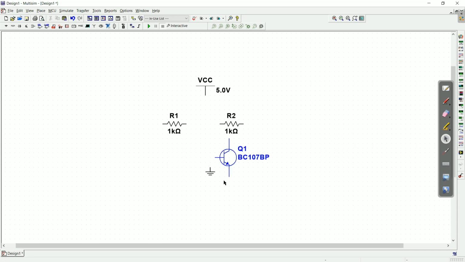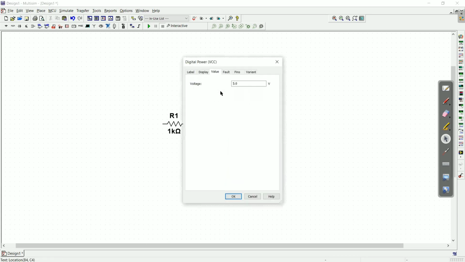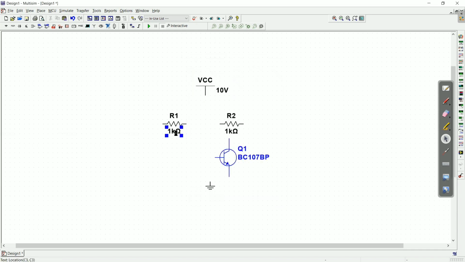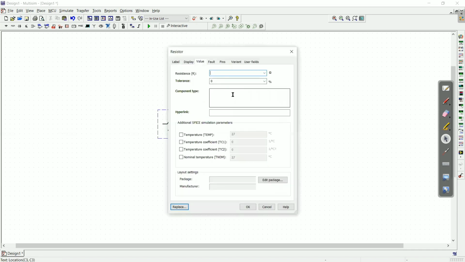Now we can change the values. We need VCC equal to 10, so double click on it. On double clicking on the components, we can change their values.